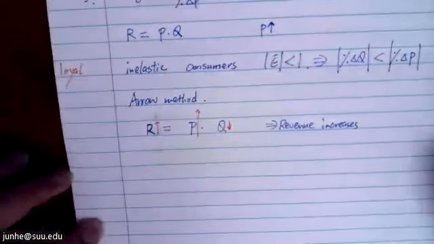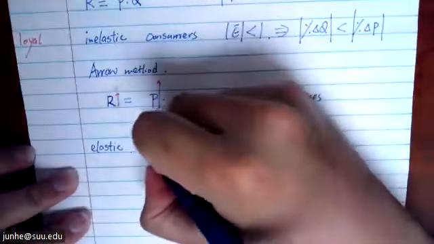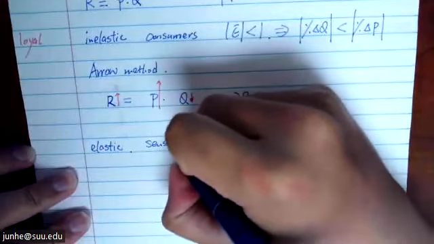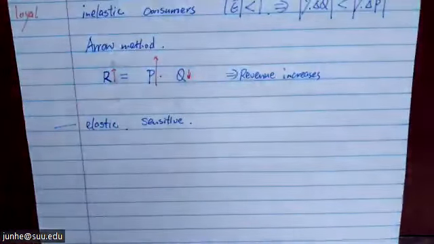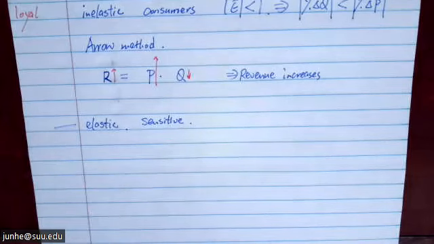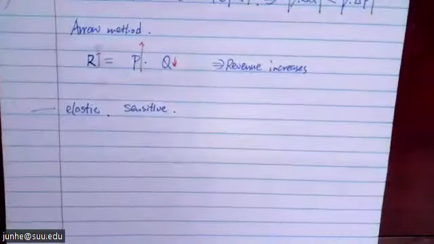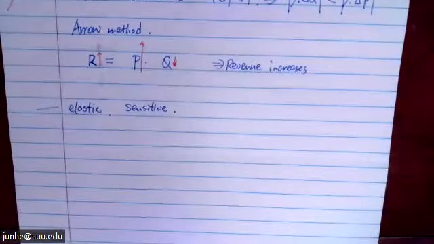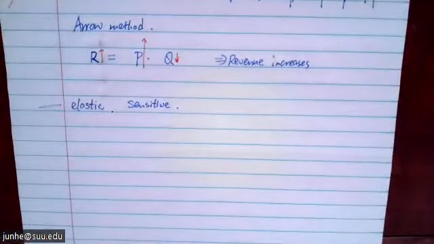Okay. Then alternatively, if consumers are very elastic, meaning they are sensitive to the price, usually the reason why they are sensitive to price is that your product has nothing to boast about other than its price. It doesn't have any uniqueness, any good traits or qualities to make this product stand out on its own.